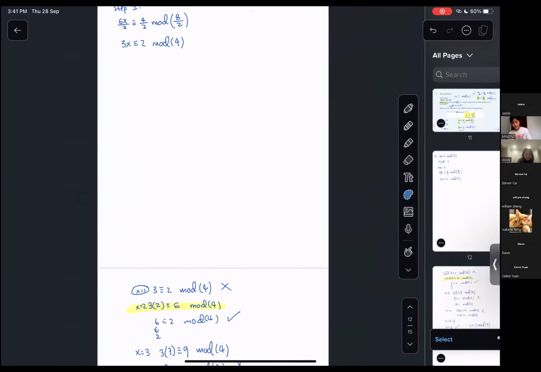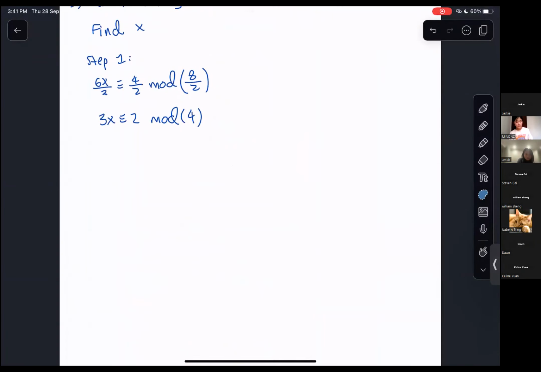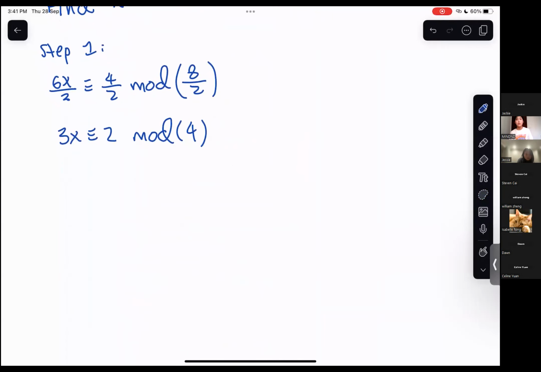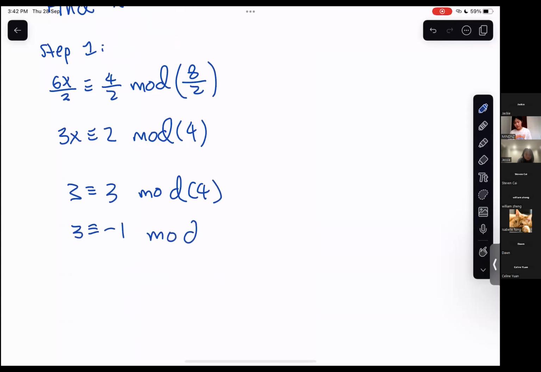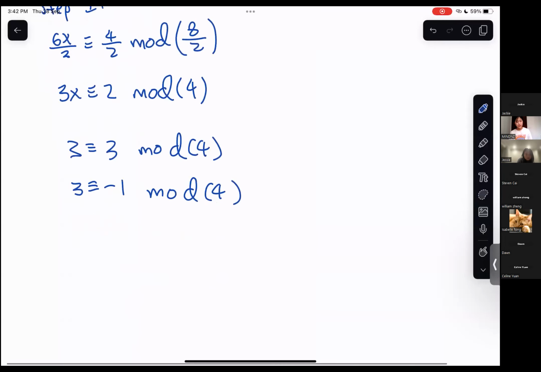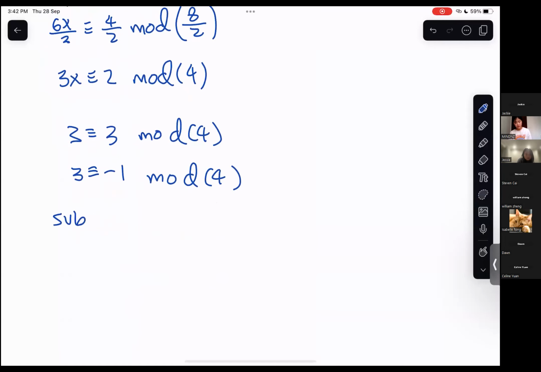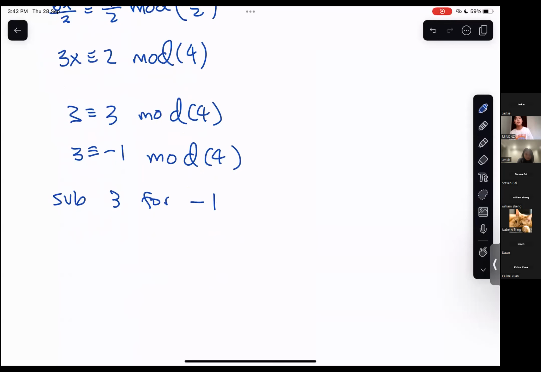What we can do here is let's think about what 3 is in mod 4, right? 3 is equal to 3 mod 4, quite obviously, but it's also equal to -1 mod 4, right? So what if we substituted 3 for -1? It's equivalent under mod 4, so we can do that quite easily.